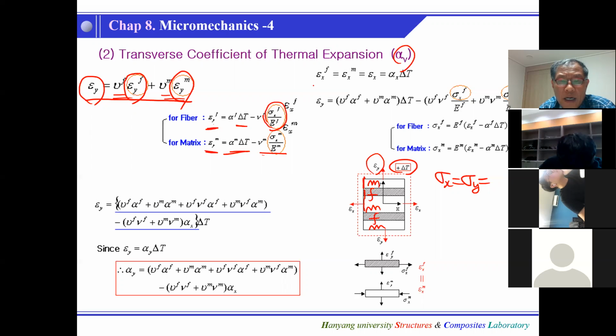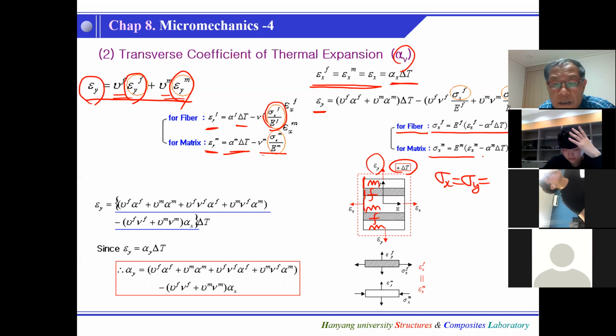Well, always in the x direction, we have the same strain, given as alpha x delta T, which we just have, and in the fiber direction we have constitutive relations like that.